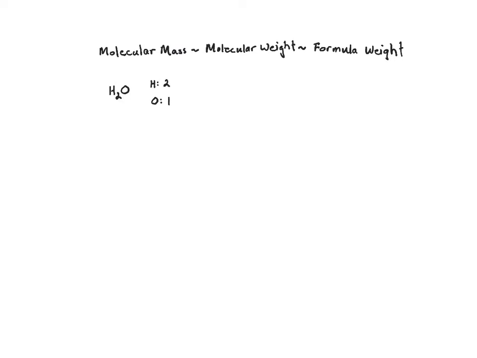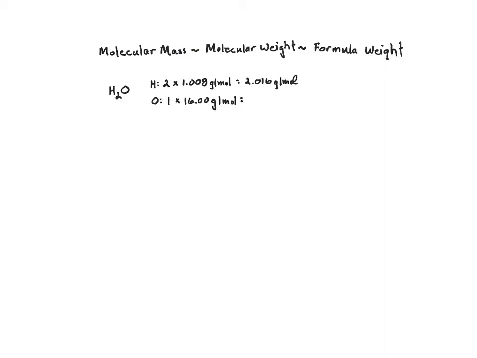Now, if we look on the periodic table, we'll find that the molar mass of hydrogen is 1.008 grams per mole. And if we look at oxygen, we see that it's 16.00 grams per mole. So for hydrogen, the total contribution is going to be 2 times 1.008, which is 2.016 grams per mole.